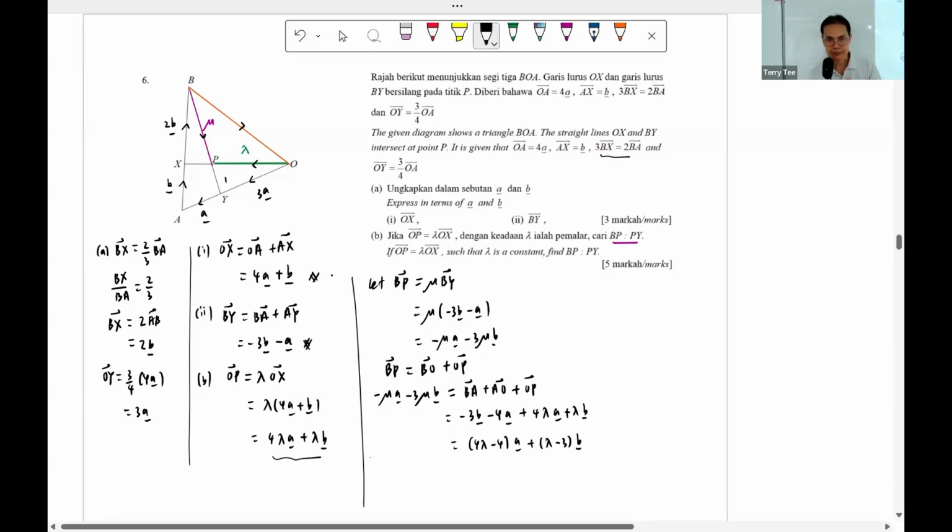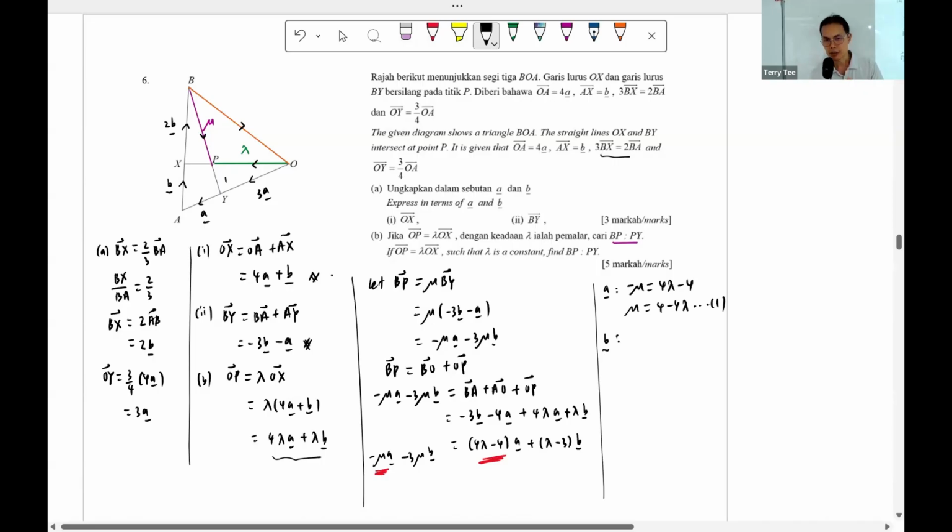So I can now compare. What we need is to compare coefficient of A with coefficient of A, the number in front of A. So when you compare, your minus mu is 4 lambda minus 4. You can make mu as the subject, times the negative, so mu is 4 minus 4 lambda, equation 1.